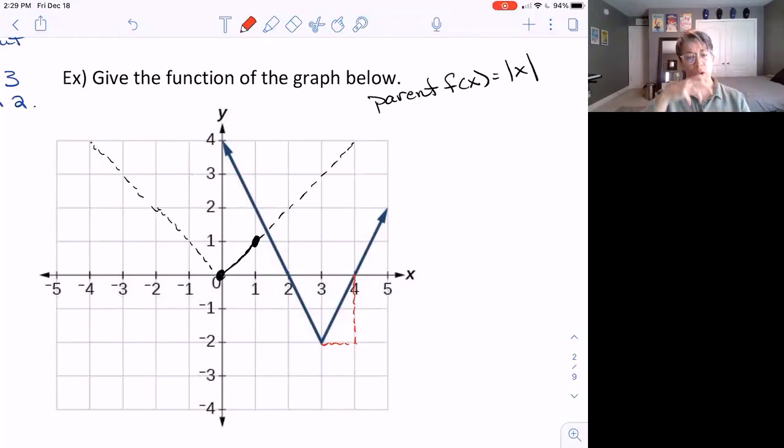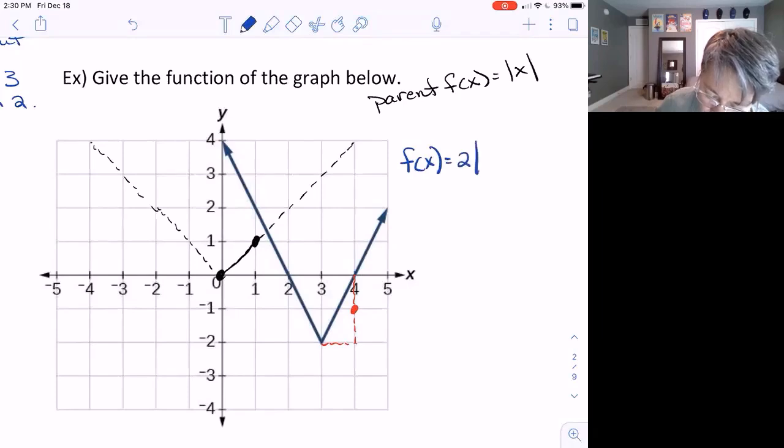If there was no stretch or compression, it should have landed here, over 1, up 1. So instead of going up 1, it's going up 2. That means we've stretched the y values by a factor of 2. So in our new function, we have a 2 being multiplied by the entire original function. I'm not finishing that absolute value because we might be doing more manipulation.